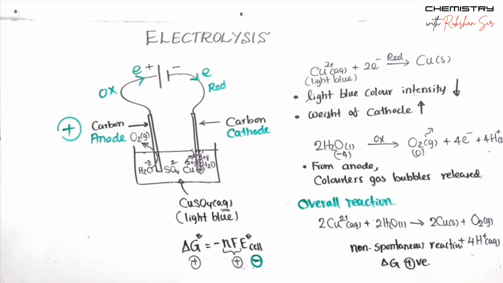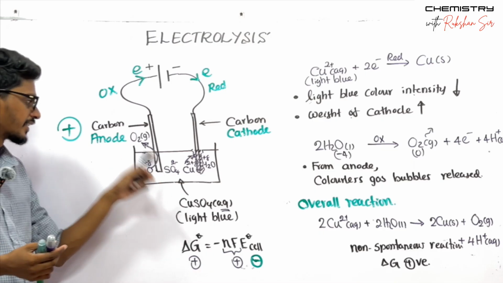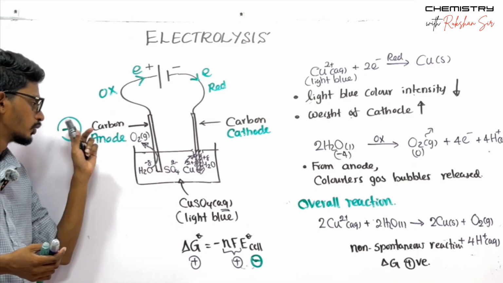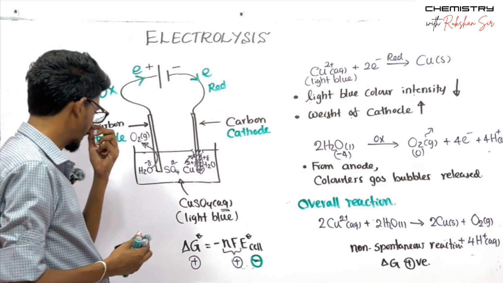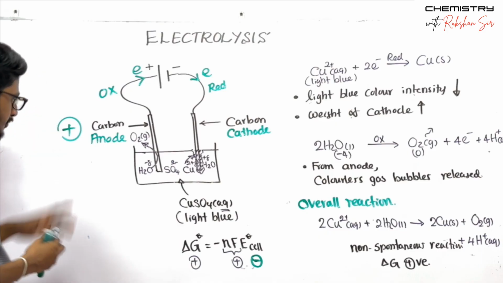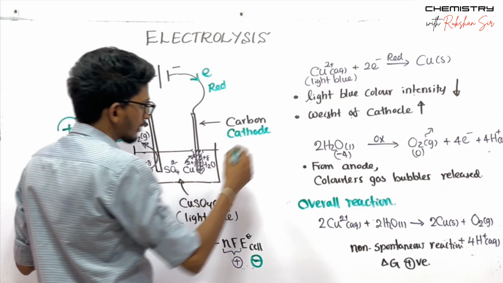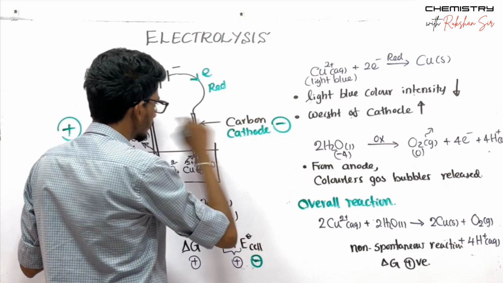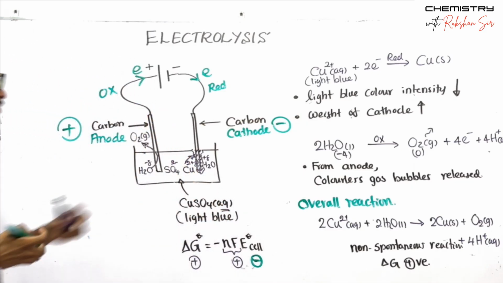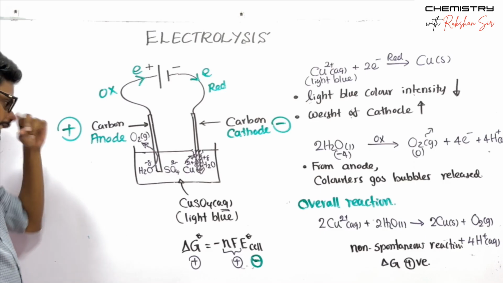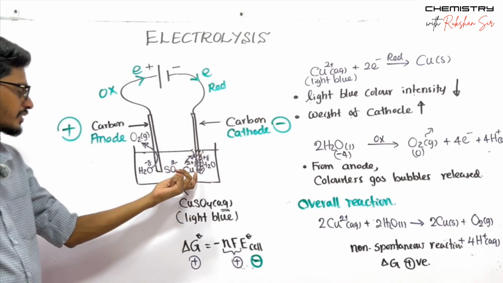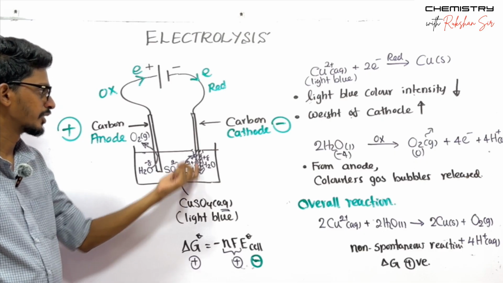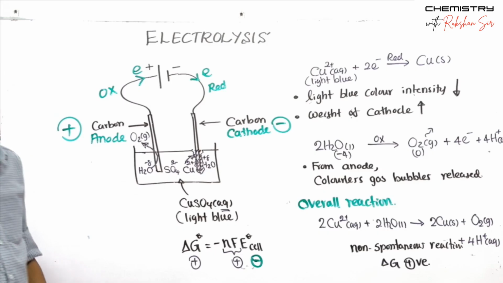That is why the anions get attracted towards the anode, because anions are negatively charged. The anode should be positive. So the cathode is negative here. Cathode is the terminal connected to the negative terminal of the battery. That is why the cations get attracted to the cathode. Cations are positively charged, so they should be attracted to the negative terminal. So the cathode is negative.